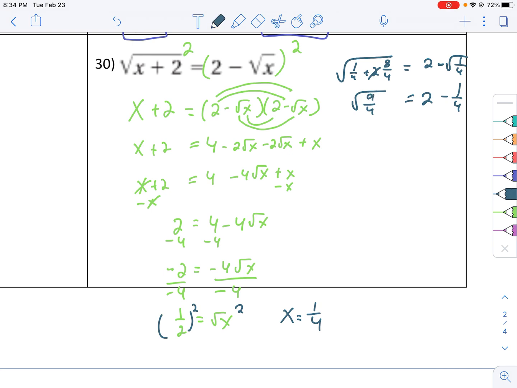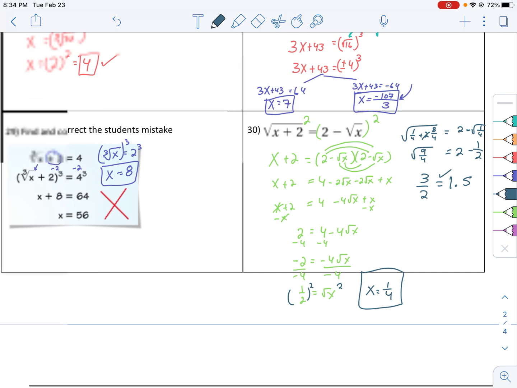My bad. 1 plus 8 makes 9, not 7. So that becomes 3/4. Or 3/2. My bad. Square root of 1/4 is 1/2, not 1/4. So 2 minus 1/2 does in fact give us 1.5, or 3/2. So x equals 1/4 does in fact work, and that brings us to the conclusion of this review sheet.